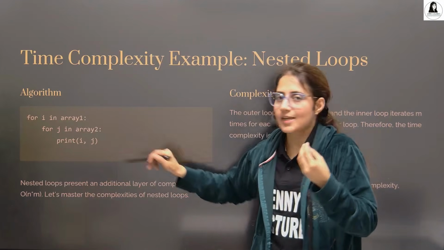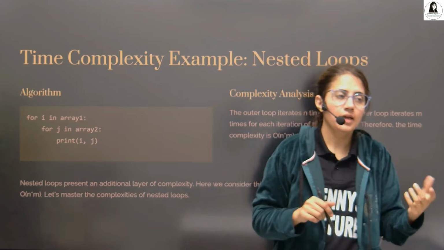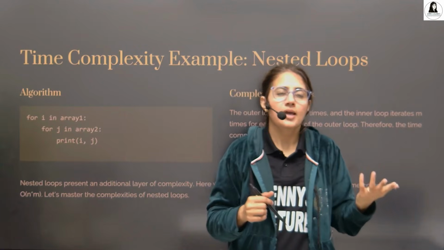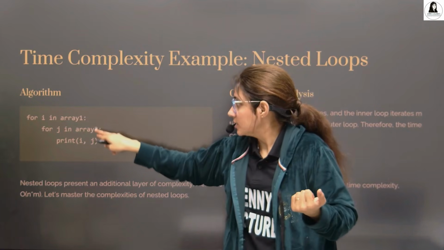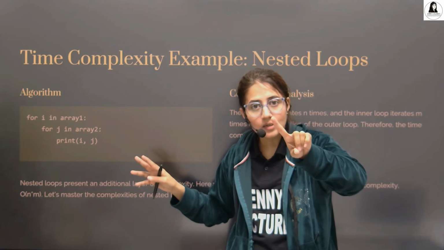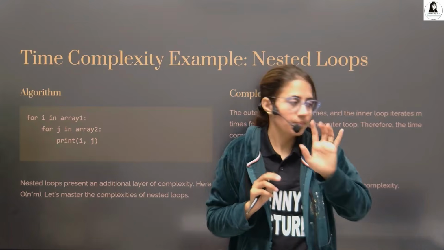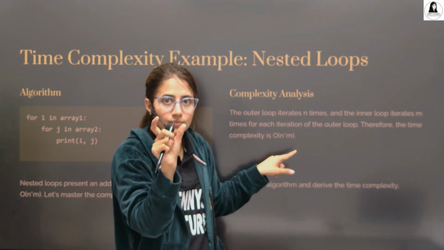Here it's array 1, there it's array 2. So the length may be different. This array is of size n, having 50 elements. This array is of size m, maybe 10, 100 or 1000 elements. If both are the same, array 1, array 1, then it's n square. If different, then take different terms, here n and m. You need to take care of this.